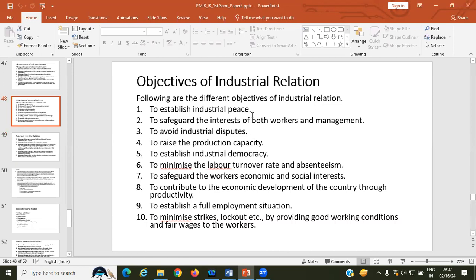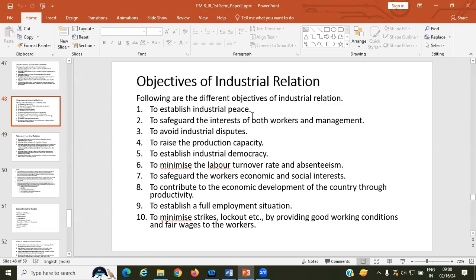What is the scope? The meaning of scope is any entity or any component impacted by industrial relations. That means in an industry, people are working.